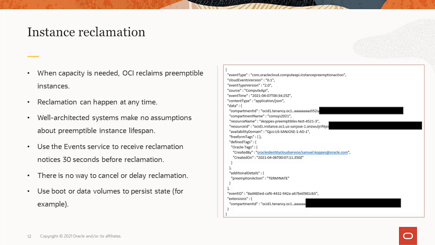Now, definitionally, because that capacity buffer is there in case it's needed, if it's needed, we need to take it back. And that is when you would get a reclamation event. So for example, let's say an internet provider went down and there was a region failover event, and there was a big burst in one region of on-demand instance creation for people doing disaster recovery.